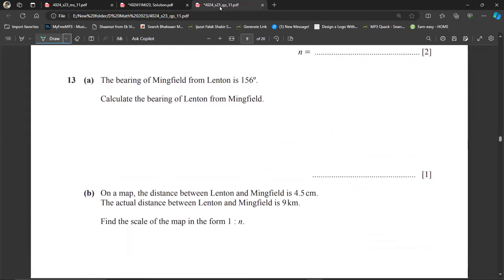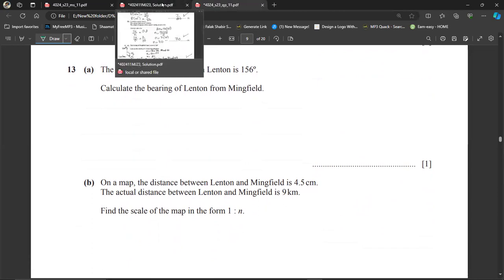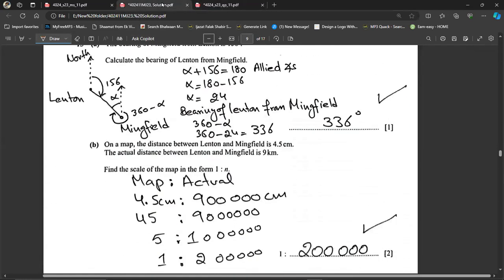We are on question number 13, A part. The bearing of the Ming field from the lantern is 156 degrees. Calculate the bearing of the lantern from the Ming field. So we know the bearing, we can find the backward bearing. The method is very simple.